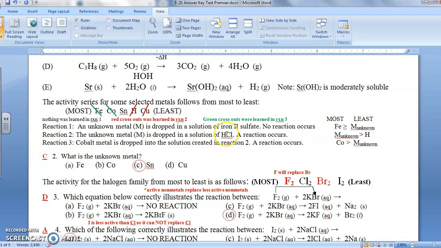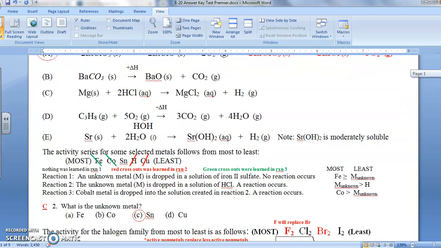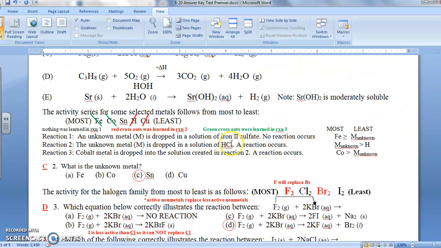In reaction 2, they drop the unknown metal in a solution of hydrochloric acid. A reaction occurs. In other words, this unknown metal forced hydrogen ions out of solution, causing the production of hydrogen gas. A reaction very similar to this one right up here, in letter C from number 1, where it was magnesium displacing it. In this case, the unknown metal's displacing hydrogen. What does that tell us?